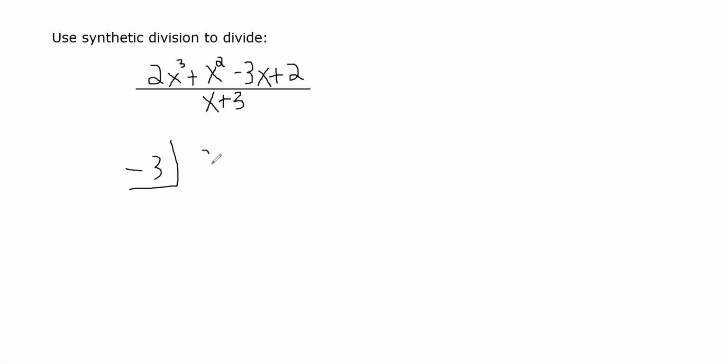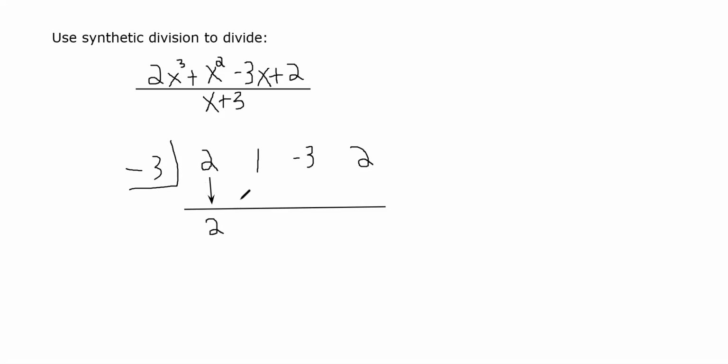You're going to have 2, positive 1 for the x squared, negative 3 for the x, and then 2. So we're going to bring the 2 down. We're just going to do the synthetic division now.